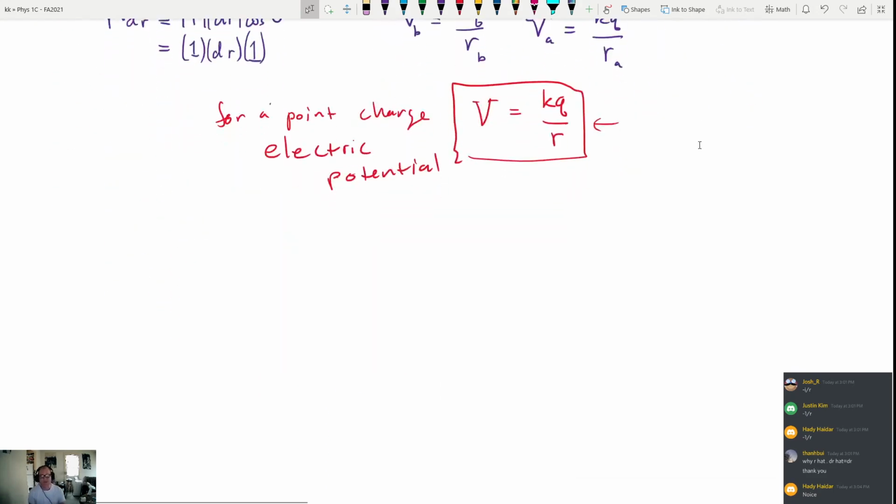So just as a way to think about this, now that we know what that is, suppose that I take a positive charge that has 9 nanocoulombs. So let Q equal 9 nanocoulombs, right?